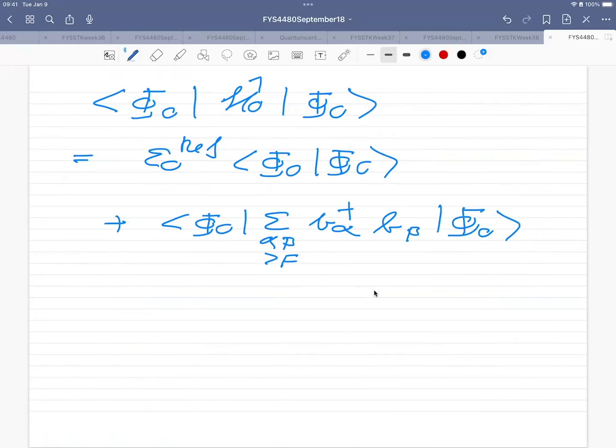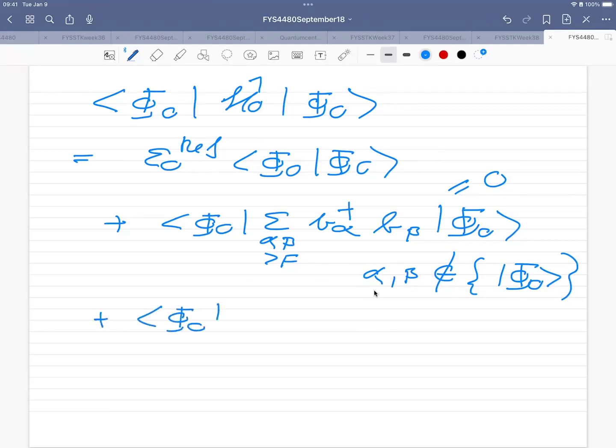Now, alpha and beta here are obviously not included in the reference state. So if I try to delete something which doesn't exist there, that has to be automatically equal to 0. So this is equal to 0. Now, if I look at the next terms, I'm going to be a little bit more lazy in notation.